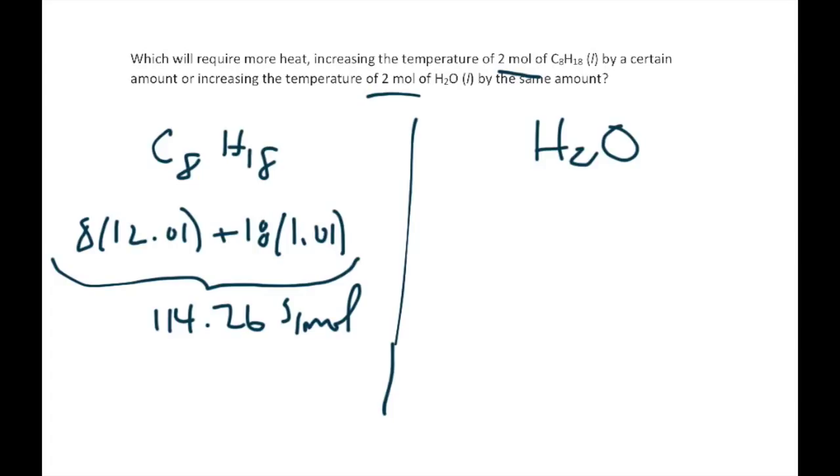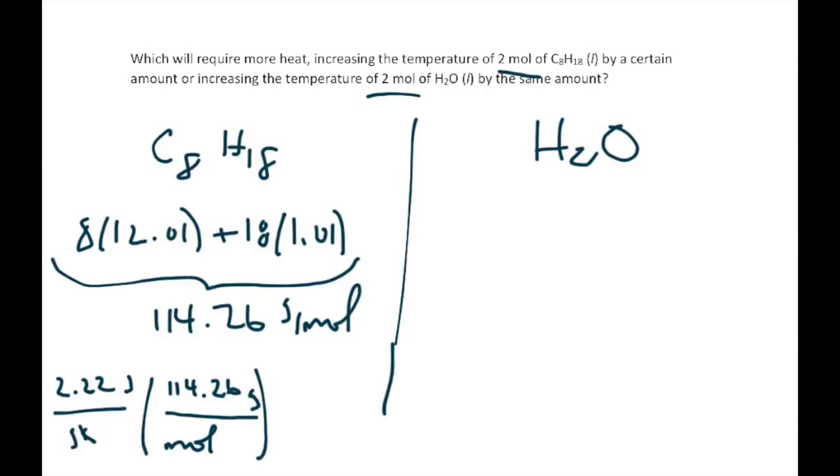So above, 2.22 joules per gram Kelvin times 114.26 grams per mole equals 253.58 joules per mole Kelvin. So this is the octane molar heat capacity.